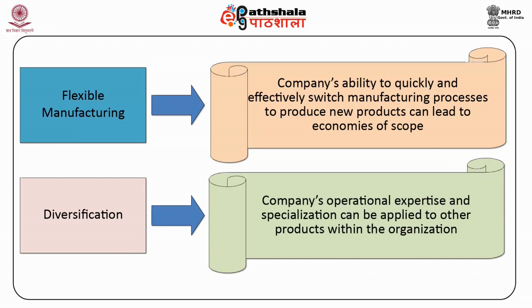A company's operational expertise and specialization can be applied to other products within the organization. For instance, Procter and Gamble is able to produce a wide range of products because they can afford to hire designers and marketers who can use their skill across product lines. Spreading out the cost to many products lowers the cost of production for each one.